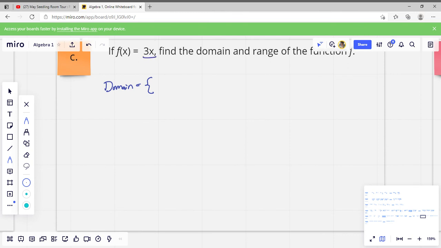You can multiply anything times 3, right? So that's going to be x equals reals. And when they write it in the book, they write it in that weird little R with a double line, which means real numbers.